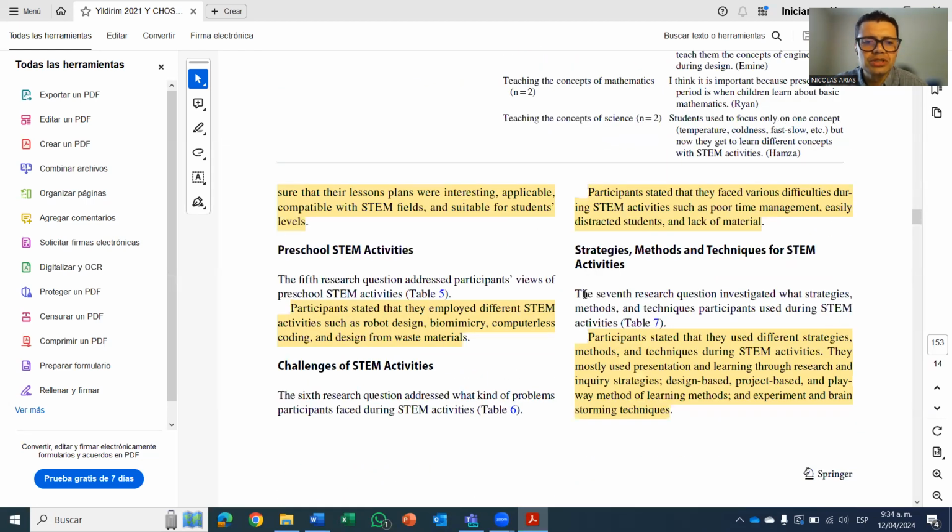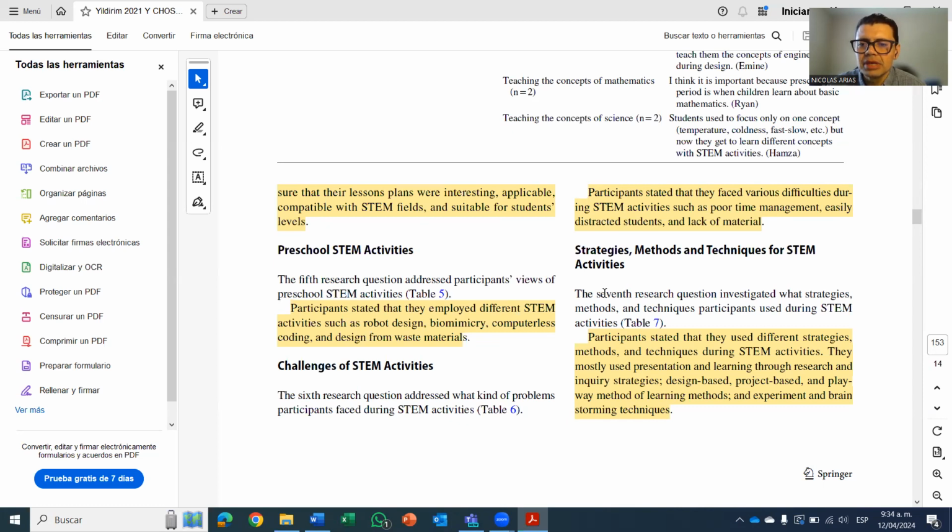In the fifth question, they say that participants stated that they employ different STEM activities: robot design, biomimicry, computer-less coding, and design for waste materials. Participants stated that they face various difficulties during STEM activities, such as poor time management, easily distracted students, and lack of material.